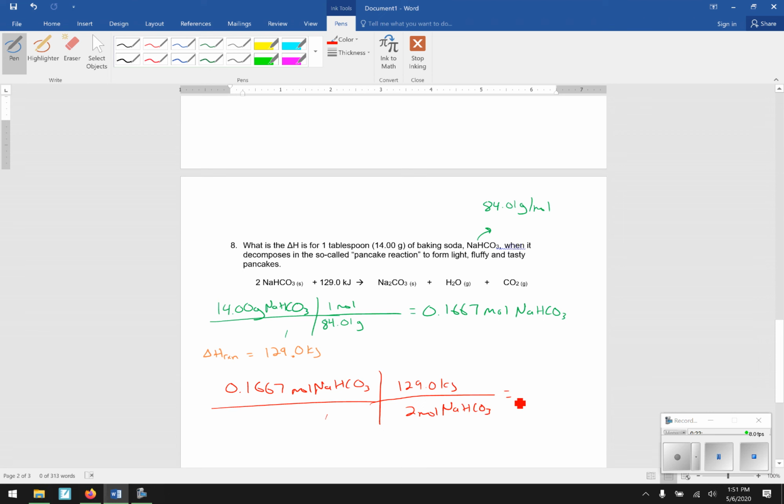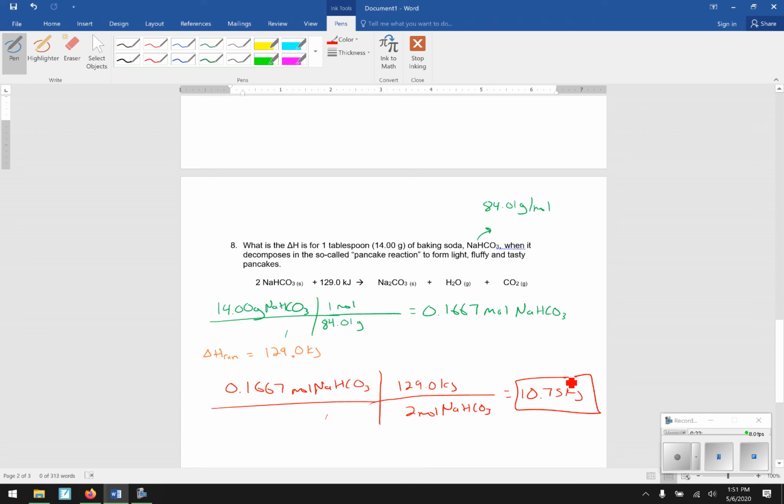And it's a weird conversion, but it's a conversion. It works. We have kilojoules and moles in the same instance, so we can do that. 0.1667 times 129, and then divided by 2, and you get 10.75. And that'll be kilojoules.